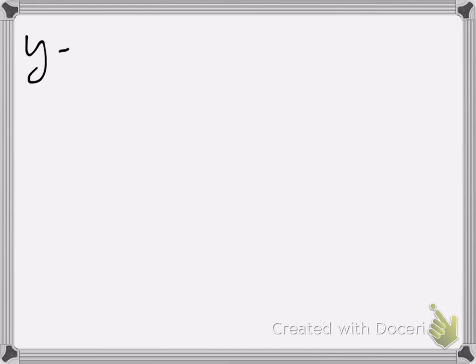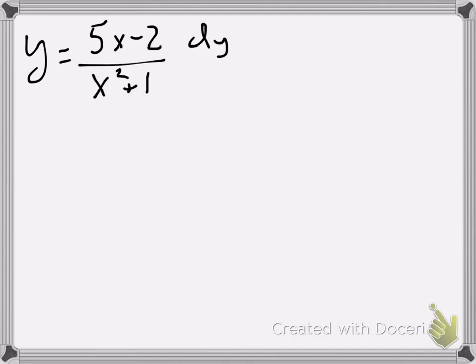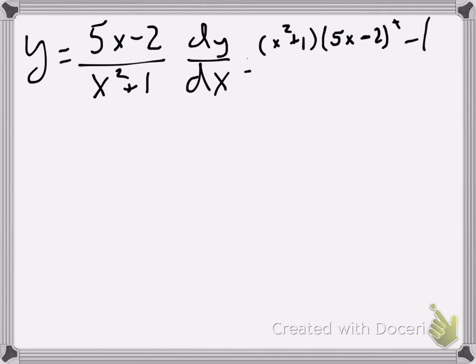Okay, so let's do y equals 5x minus 2 over x squared plus 1. Okay, so I want to take the derivative of this. That's going to be the bottom, which is x squared plus 1, times the derivative of the top, so 5x minus 2 prime, minus the top.